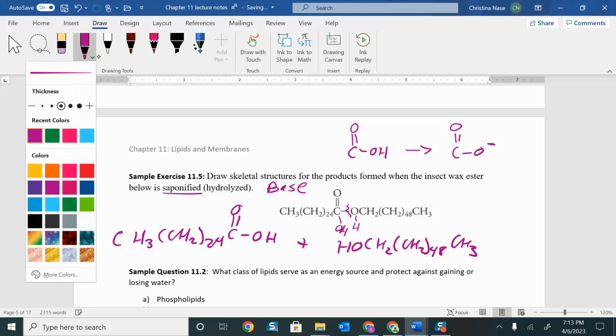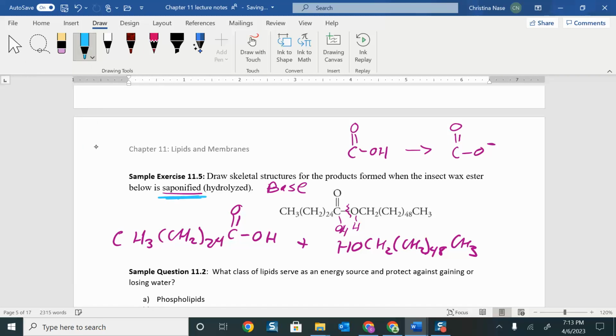Now, because this is being saponified, saponification just means it's under basic conditions, I'm going to get rid of that H and I'm going to have the anion instead. So this is an acid, this is the conjugate base. Under basic conditions, the base form of this is going to dominate. And so that's why I want to put that there instead. So that's going to be my answer.